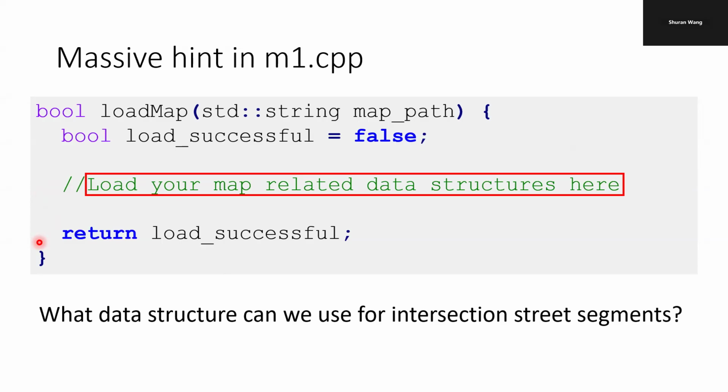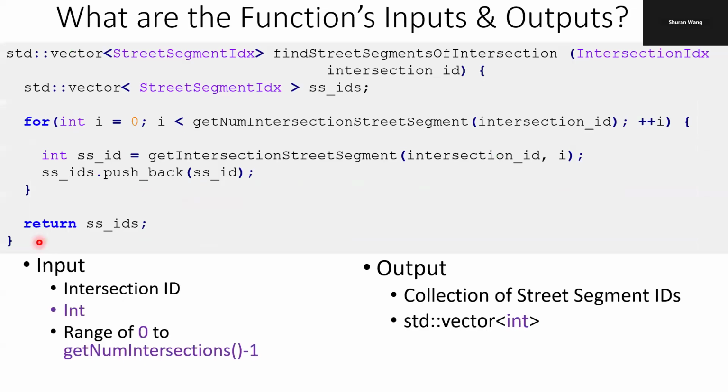What data structure can we use for the intersection street segments function? So this function takes in as input an integer intersection index. The intersection index is an integer that ranges from 0 to get num intersections -1. This is a continuous range.